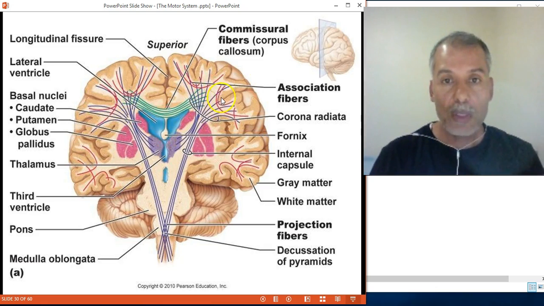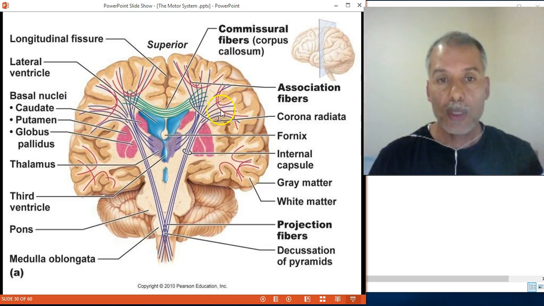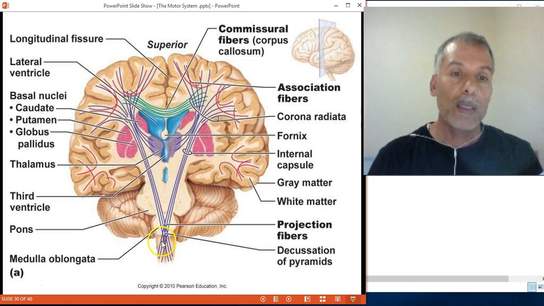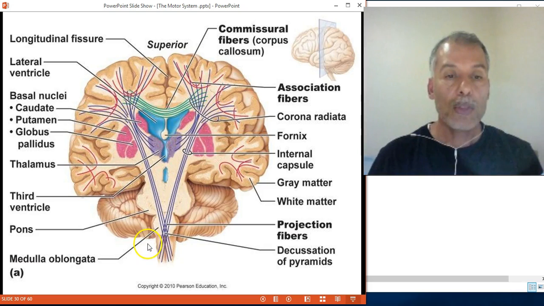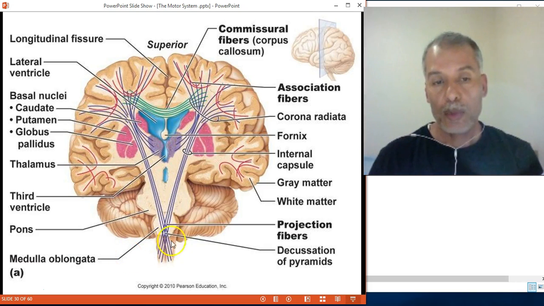And you can see how these association fibers link one segment of the brain to the other, and then you kind of look here. Finally, we are going to see the pyramidal tract coming down, and the decussation that we discussed before, where in the bottom of the medulla, fibers from the right side cross over to control the contralateral side of the body, and the opposite side happens.